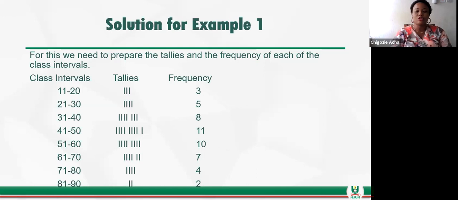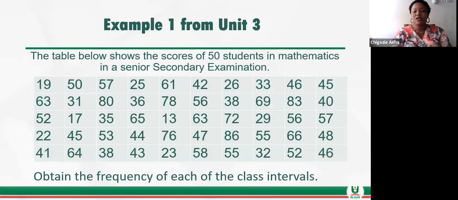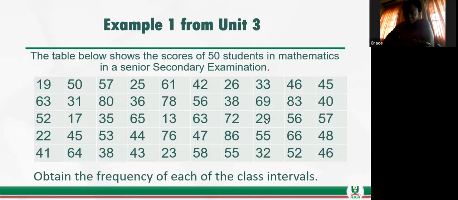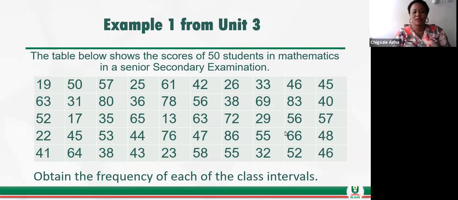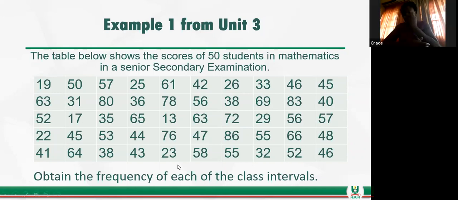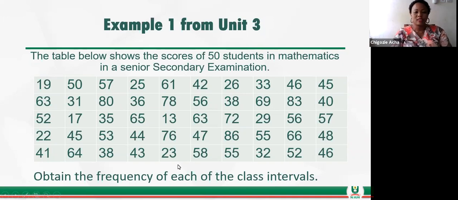So the table I just showed you before this one, if you look at the table, I hope this is not blocking our table. Can you see the table very well now? Yes, ma'am. Good. If you look at the table, you see that we have 19, we have 13.